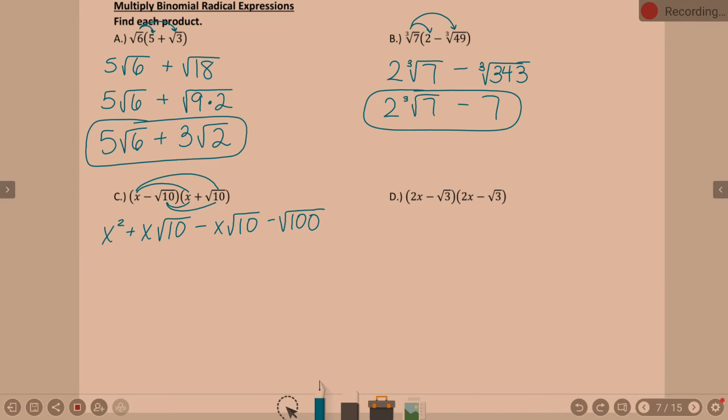What do we have here? The middle ones cancel. x square root of 10 minus x square root of 10, those are going to cancel out. I'm still going to have x squared minus, can I do anything with square root of 100? Yeah, you can do that. I hope so. Square root of 100 is 10.